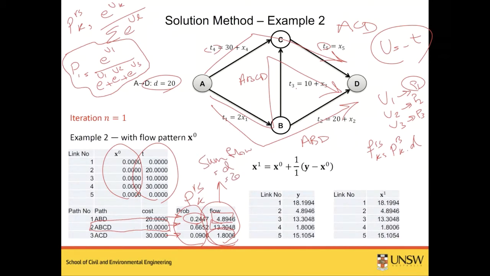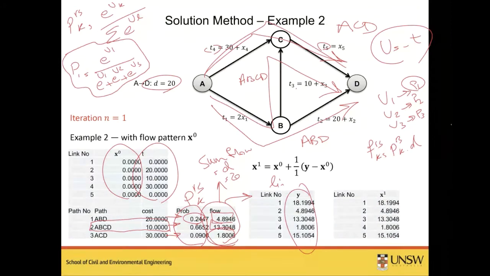So now, instead of all or nothing assignment, I do this SUE here. I apply this logit formula to get the probabilistic path flows. And from these path flows, I get my link flows. If I know the path flows, I can easily get the link flows, right?